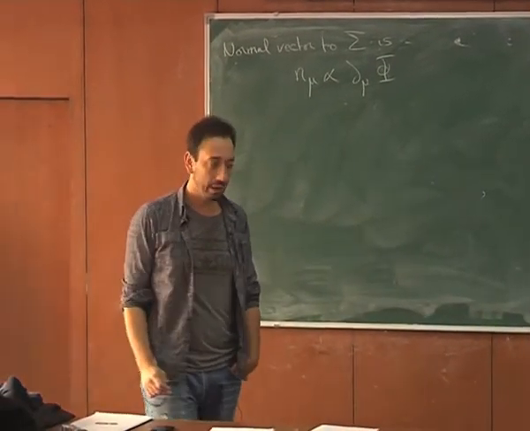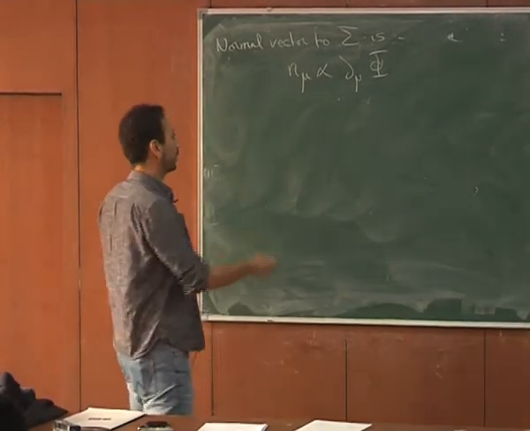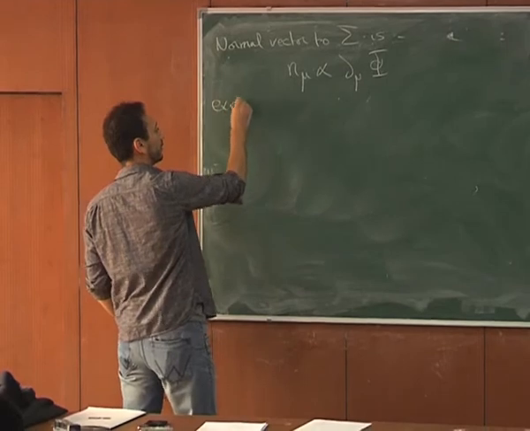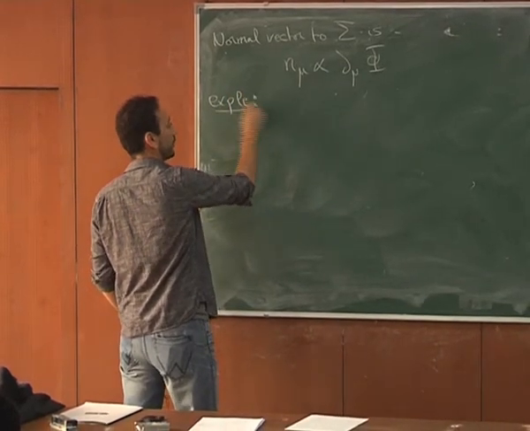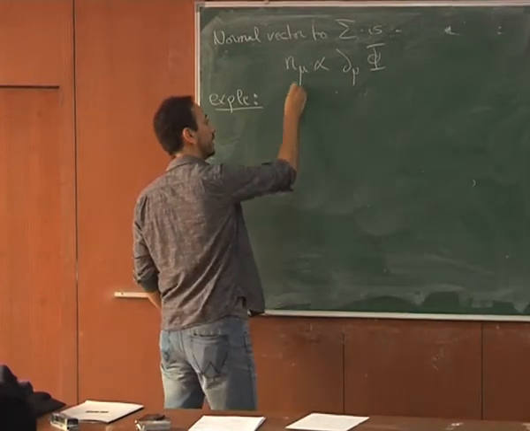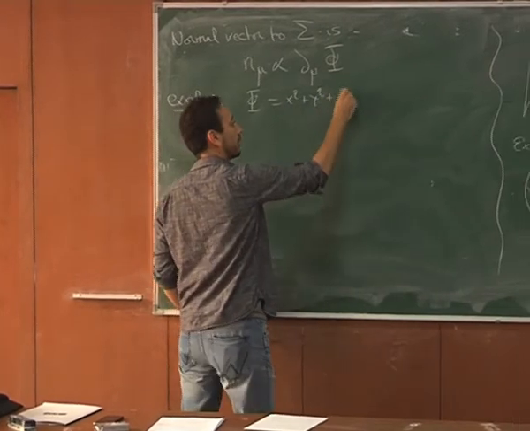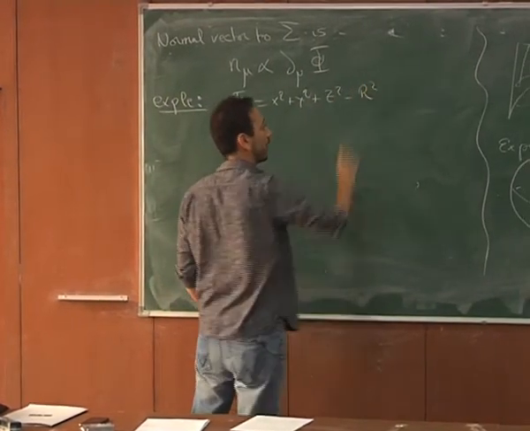This is how you define a normal vector. Let me take again the example in order to make it clear that it works. If you take the example that we had, which is a sphere, phi is equal to x squared plus y squared plus z squared minus r squared.